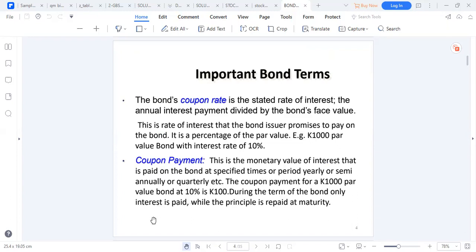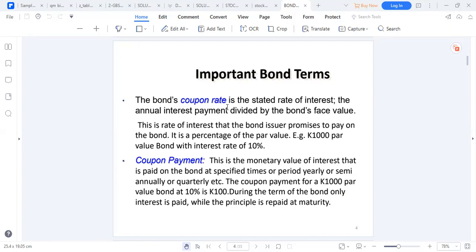We also have terms like the coupon rate and the coupon payment. The coupon rate is simply the stated interest that the person pays.